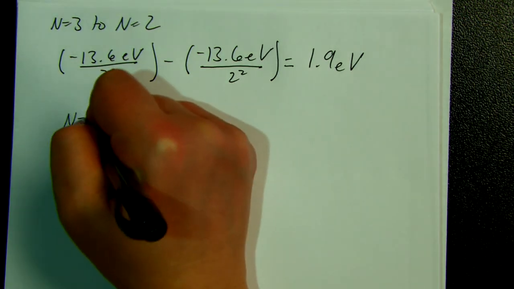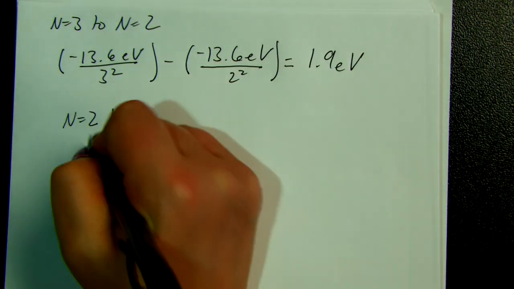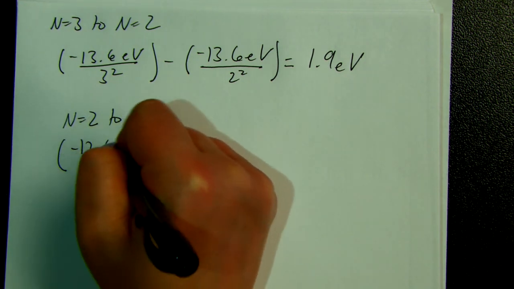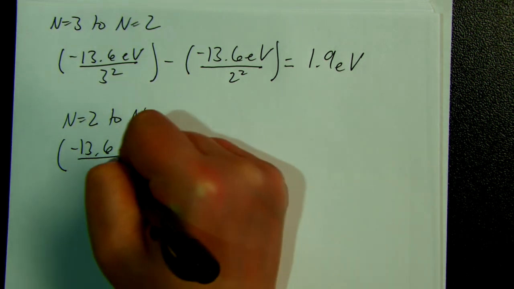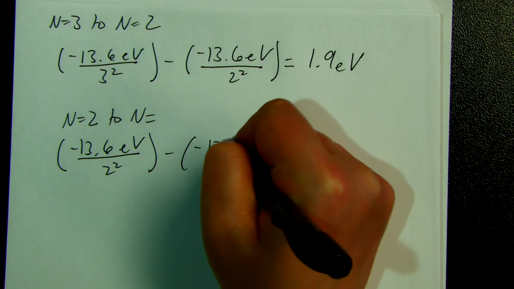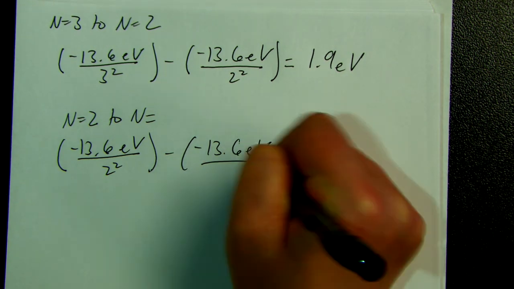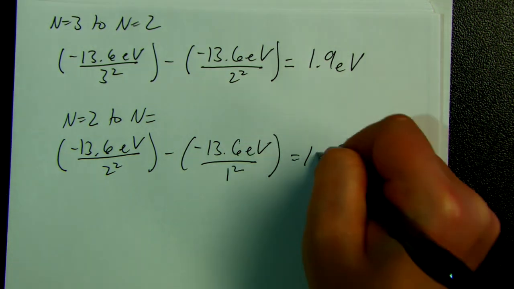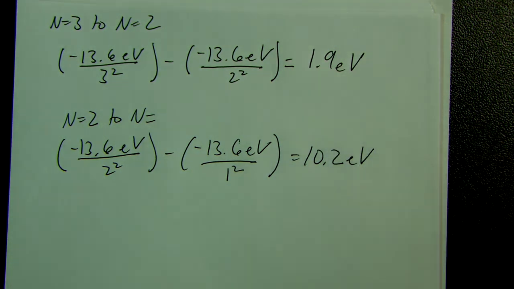Then we'd have n equals 2 to n equals 1: minus 13.6 eV over 2 squared minus minus 13.6 eV over 1 squared is equal to 10.2 eV.